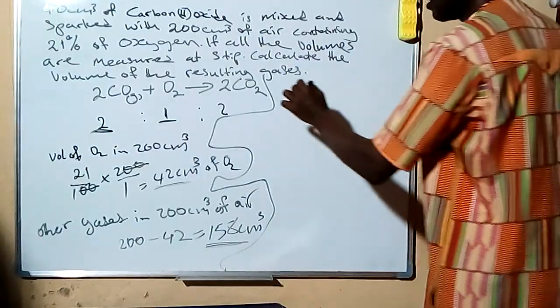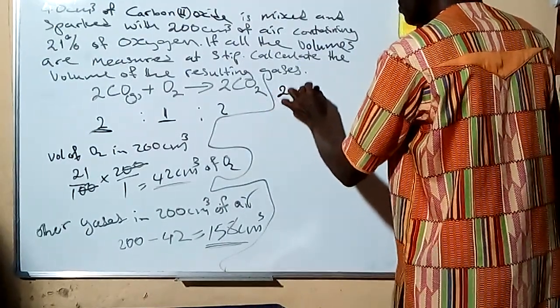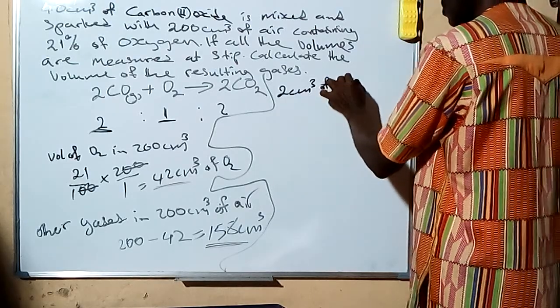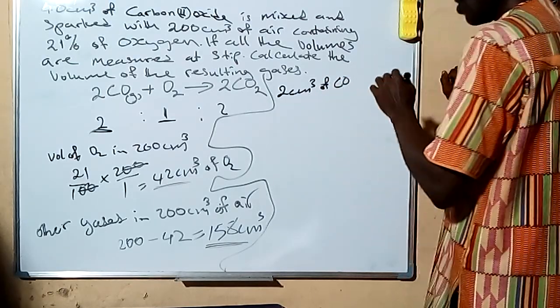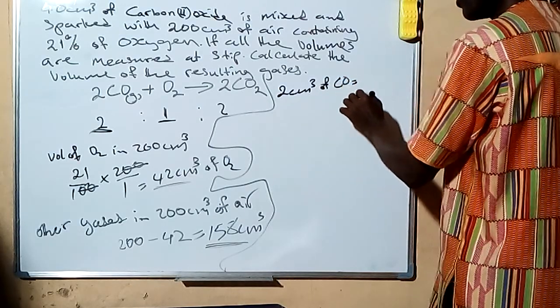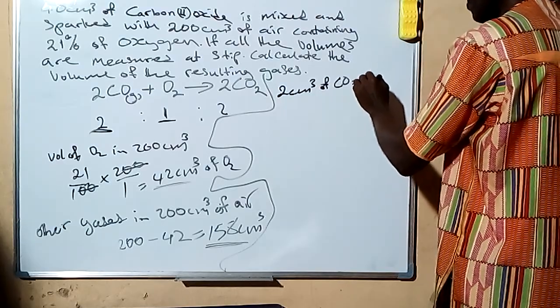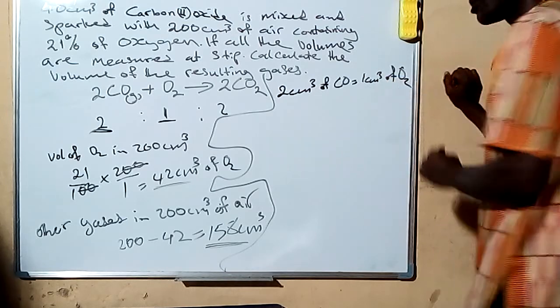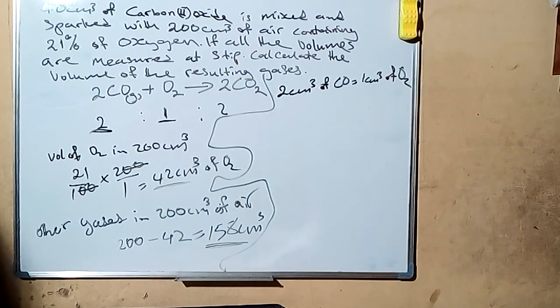That means 2 cm³ of carbon(II) oxide will react with 1 cm³ of oxygen.